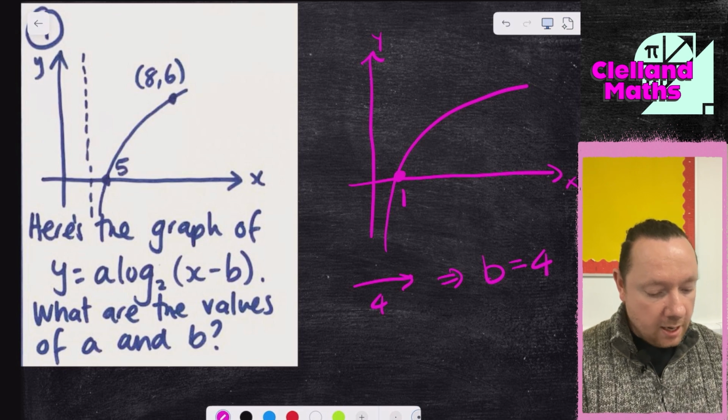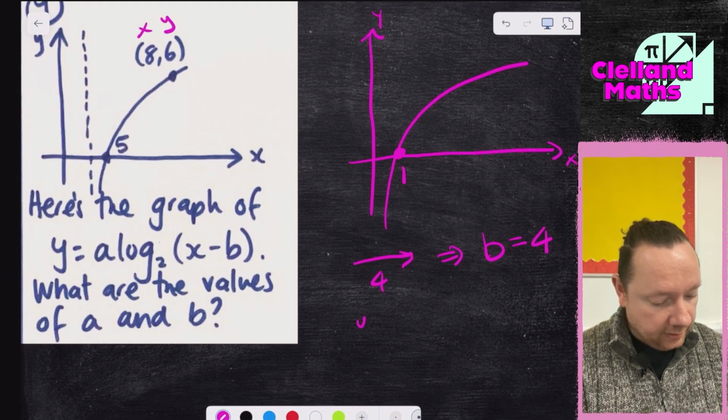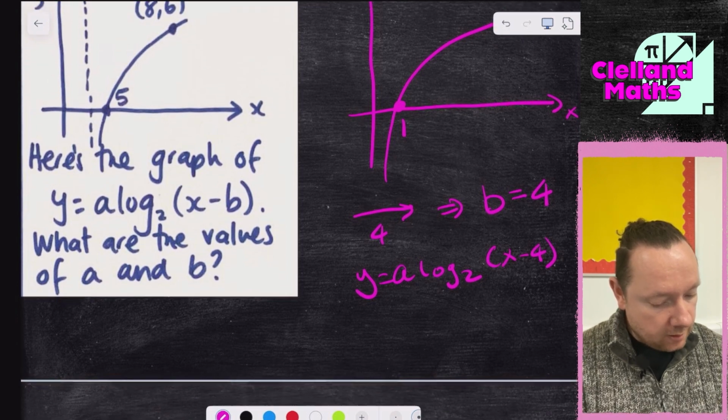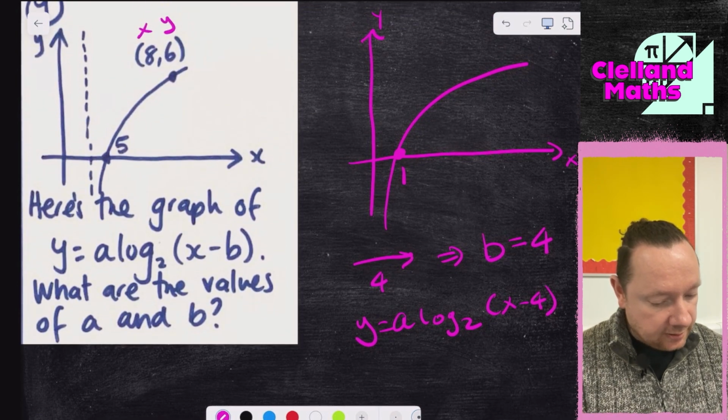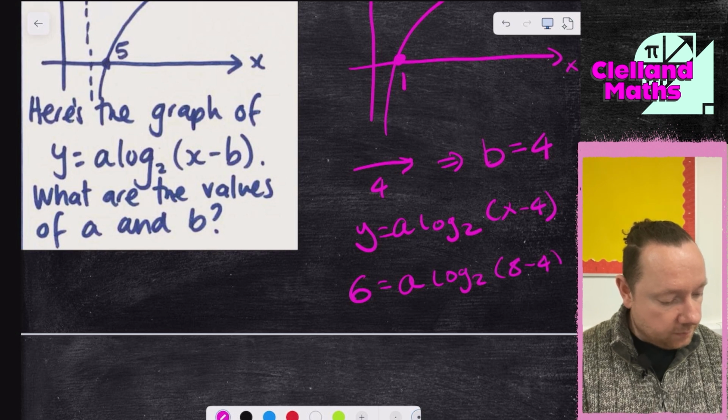And now to get my a, well, we've got the point 8, 6, so that's an x and a y, so I'm going to sub in. So y equals a log base 2 of x minus 4, and y is 6 and x is 8. 6 equals a log 2 of 8 minus 4.